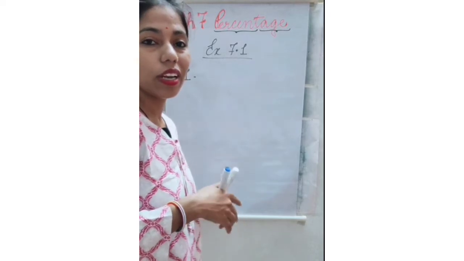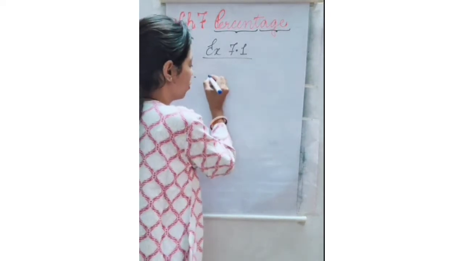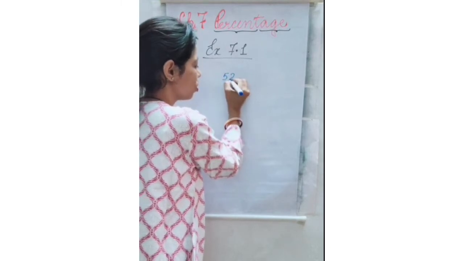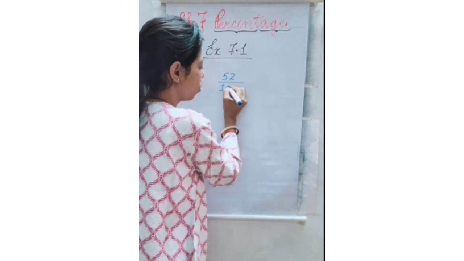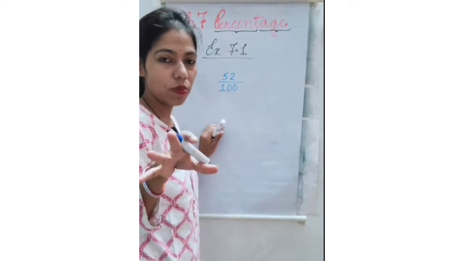First we have to write in the form of fraction. How many parts are shaded? 52 parts are shaded and the total number of parts is 100. So that is the shaded part.